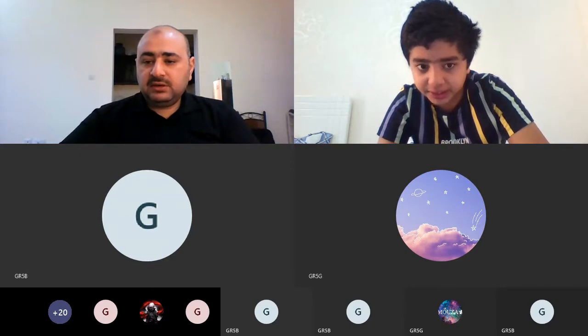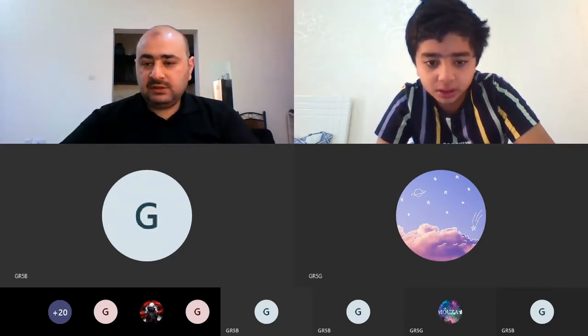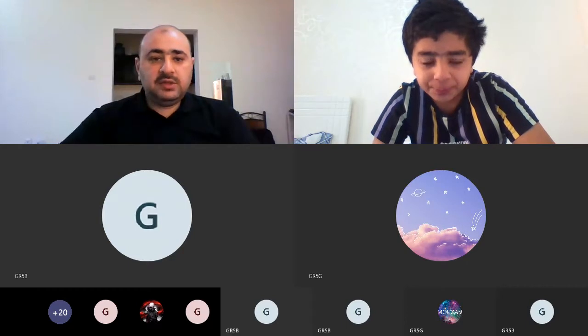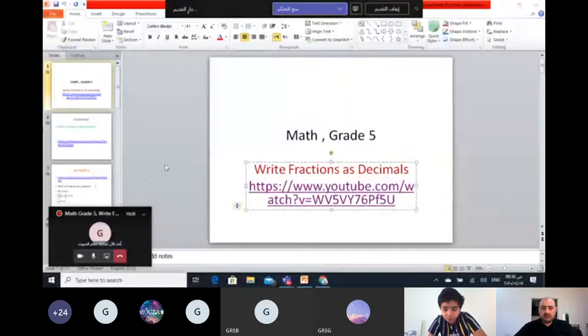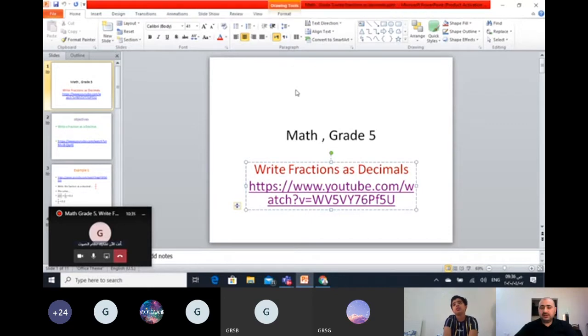The first digit to the right of the point is the tenths, then hundredths, then thousandths. And to the left of the point, we have whole numbers: ones, tens, hundreds, thousands, ten thousands, hundred thousands, like this.